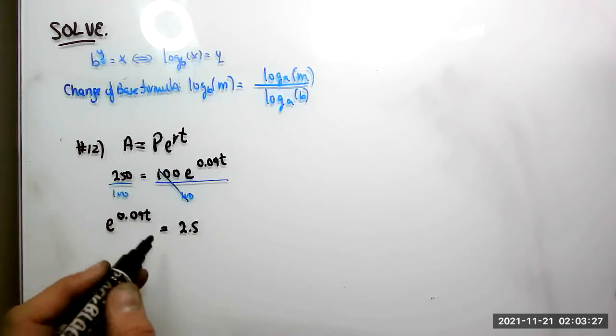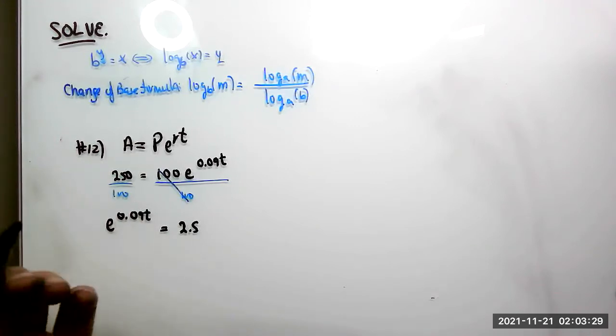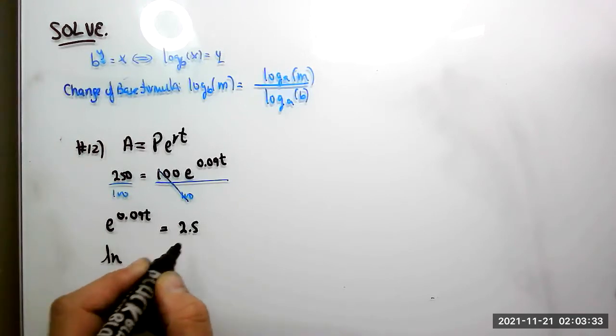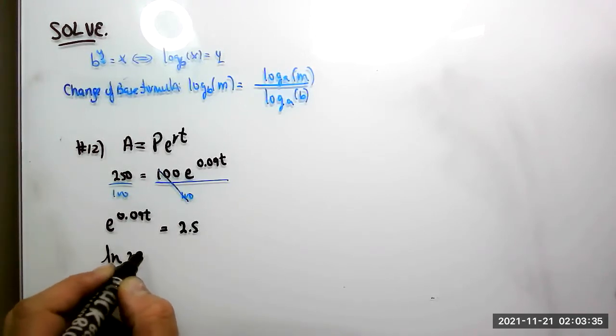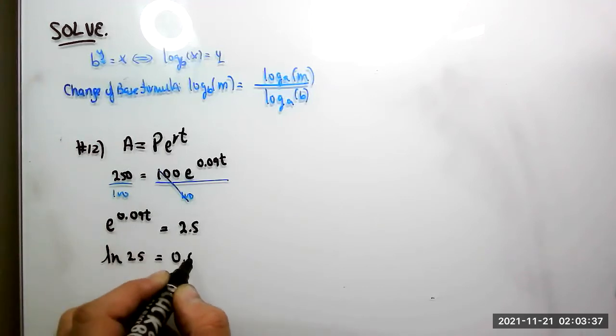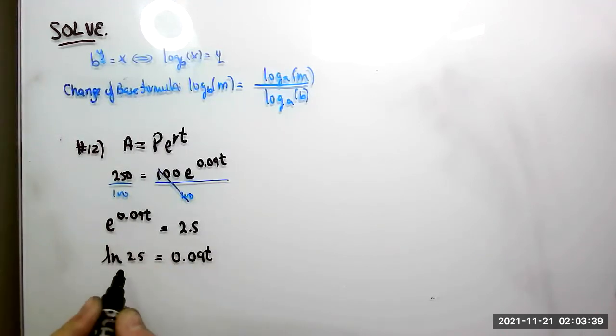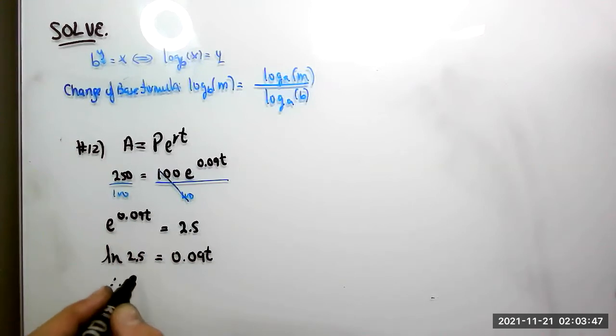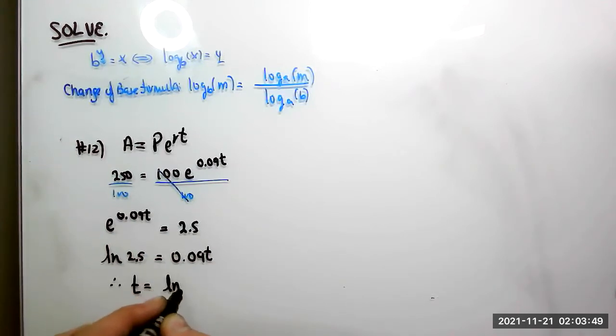Since I have e, we need to convert to its inverse function. That will be ln of 2.5 equals 0.09 t. e to that equals 2.5. Since I'm solving for t, we simply have to divide by 0.09. So therefore, t is going to be ln 2.5 over 0.09, and we are done.